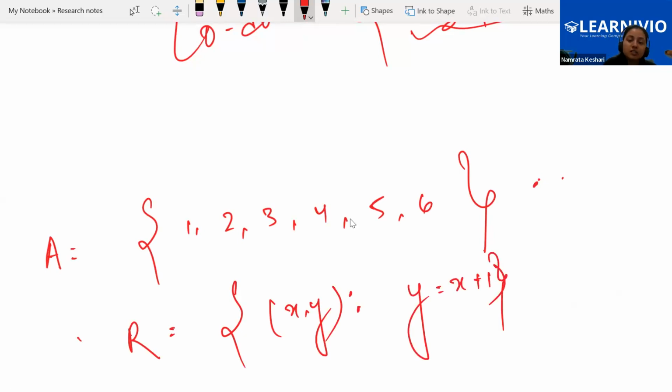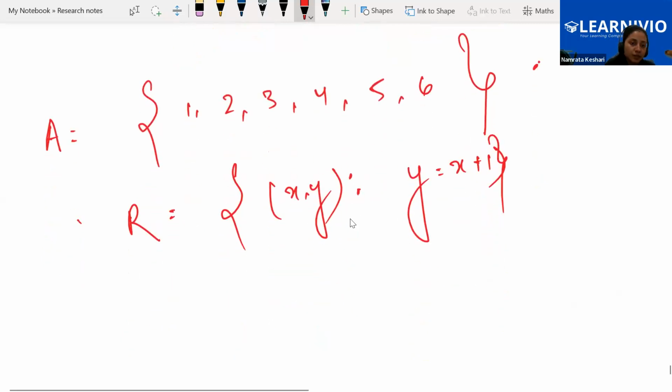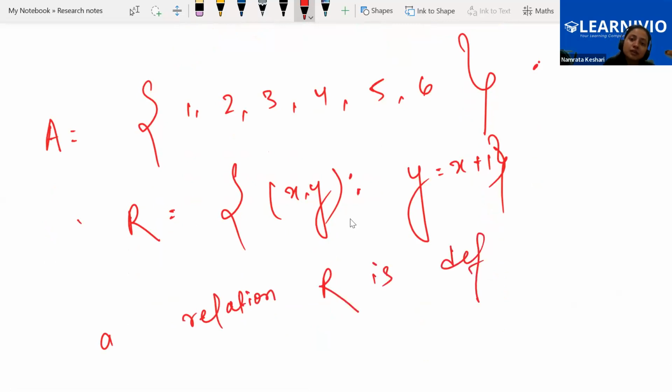The relation R is defined from A to A, so the Cartesian product is A cross A. From there we have taken the ordered pairs where y equals x plus 1.